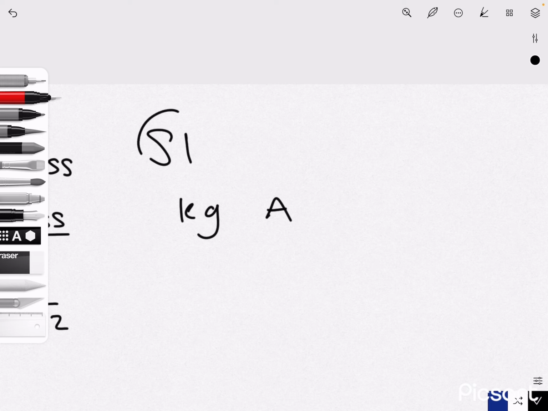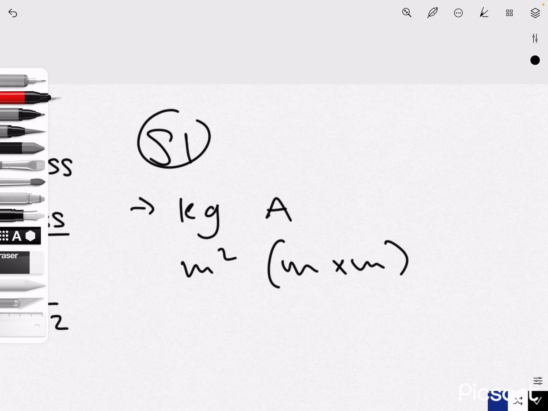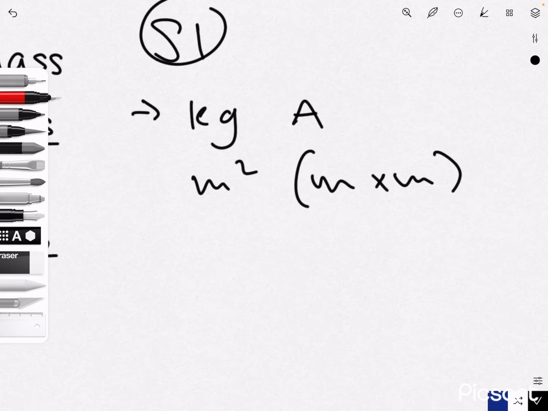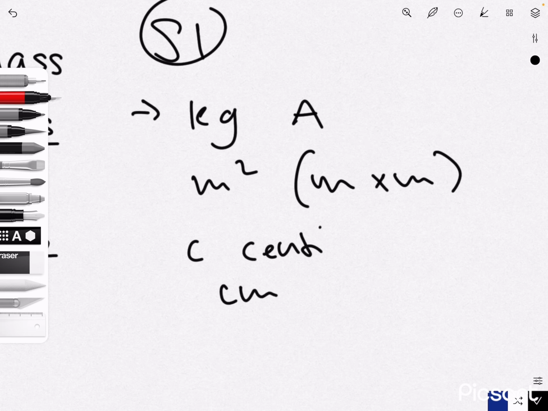Within your SI, you can have derived units, which is the combining of these base units, such as meters squared, which is just meters times meters for area. You will also have your prefixes to represent fractions of units, such as c for centi, which maybe you've seen in cm, or m for milli, which you've probably seen in mm.